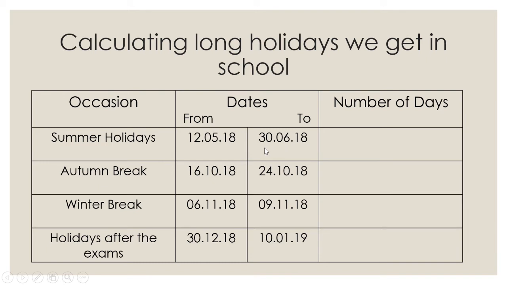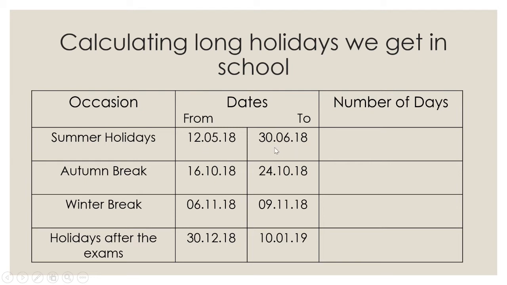So children, in May we have 31 days. We learned the number of days in a month, you remember? The trick which I showed you. So May has 31 days. So from 12th May to 31st May, if you count, you will get 20 days. Okay children?